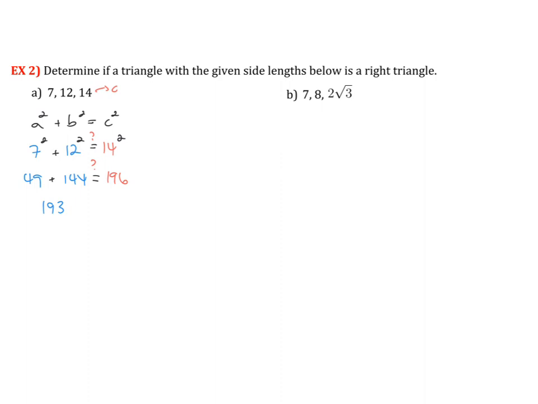And this is actually not equal to 196 on the right side of the equation. So because the left and right side are not equal, my conclusion here is that this is not a right triangle.